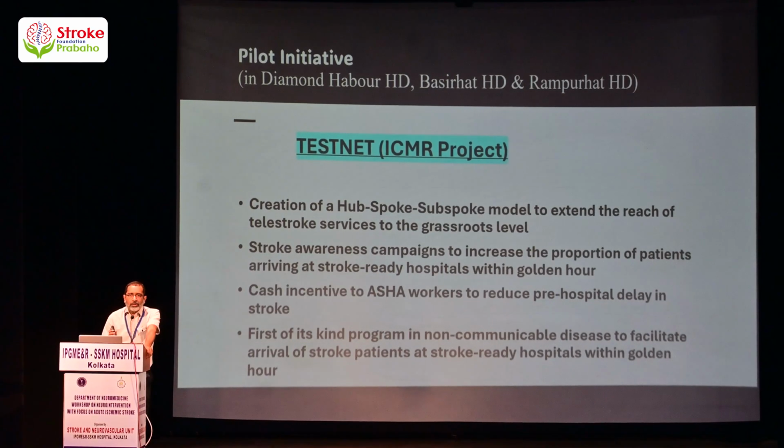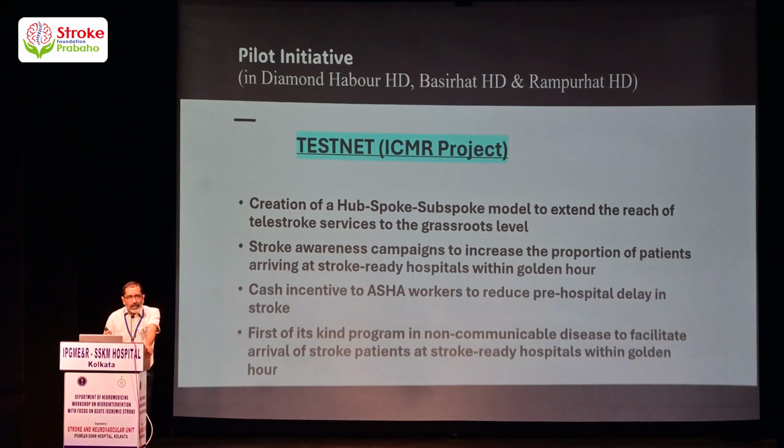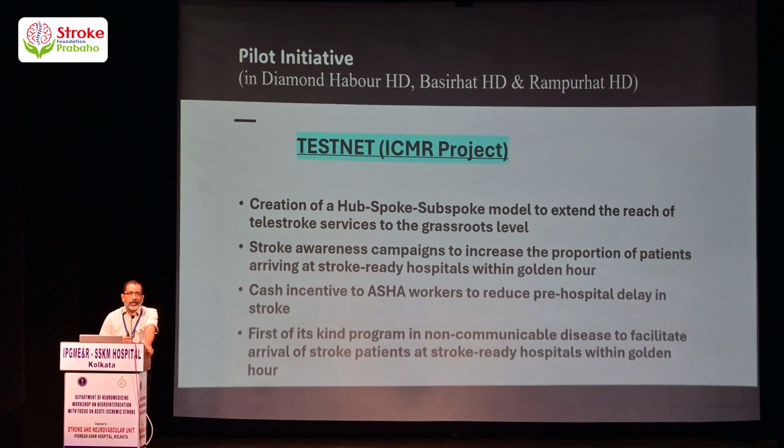I cannot disclose the results of this study right now because this study is yet to be completed, but I can tell you till now the trend is that at least 80 to 90% in arm A are reaching the hospital within the golden period. I am trying to tell this because unless you sensitize the community about early identification of stroke, you cannot ensure proper or quality management of stroke at all.